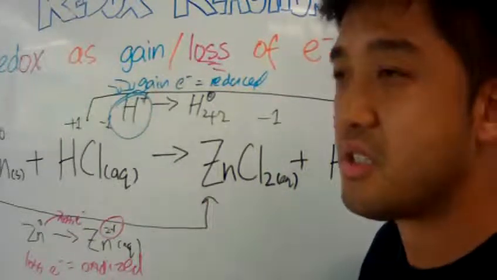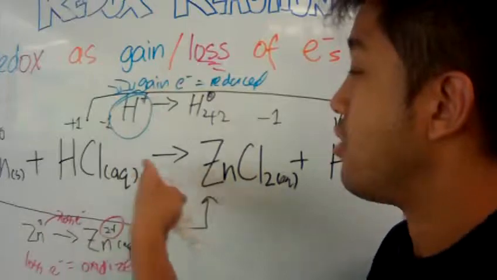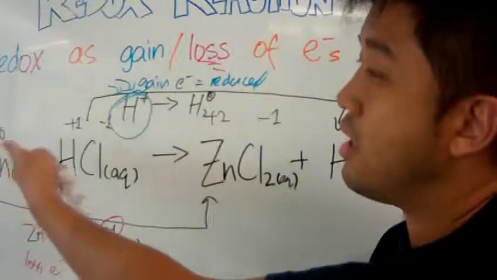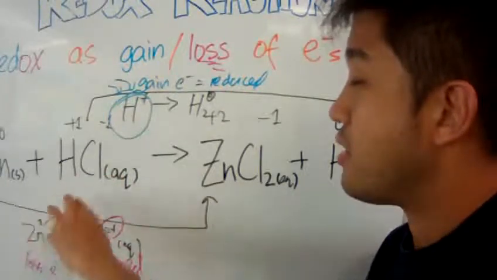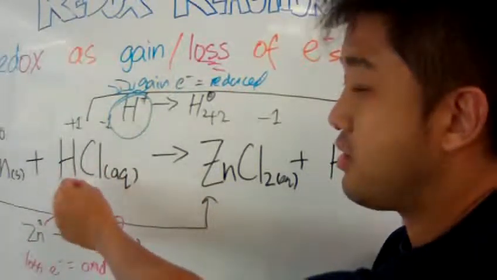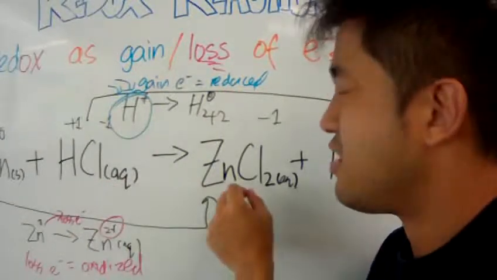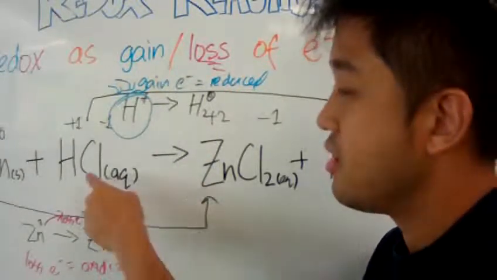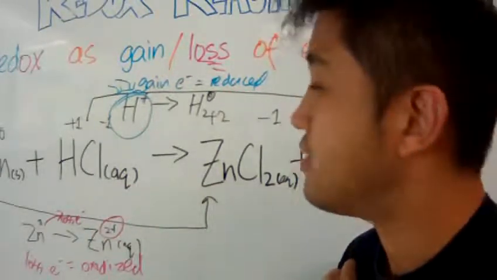So it hasn't gained or lost any electrons. So chloride did not undergo a redox process. And so when hydrochloric acid dissociated in solution and zinc chloride dissociated in solution, these chlorides are also known as spectator ions.